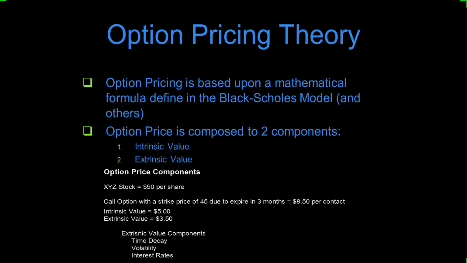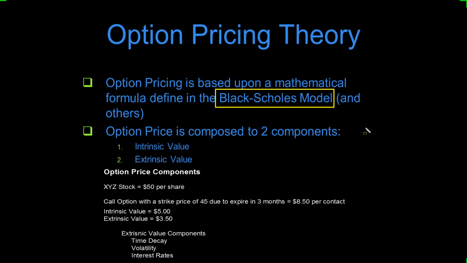If we look at option pricing here, a lot of people get confused with it, but it's not too difficult to understand. What you do need to know, though, is options pricing started out based on a mathematical formula. Now, there's other models that work, and without getting into technical details, we talked about American style options and European style options in part 1.